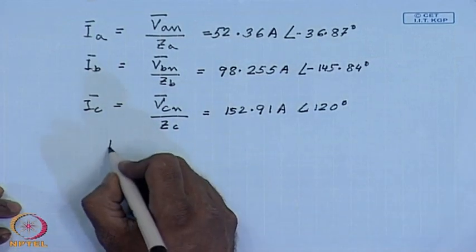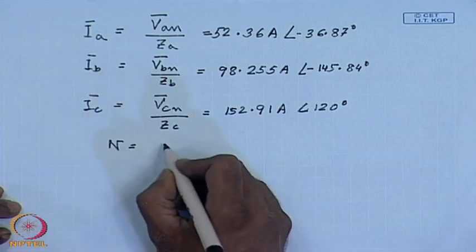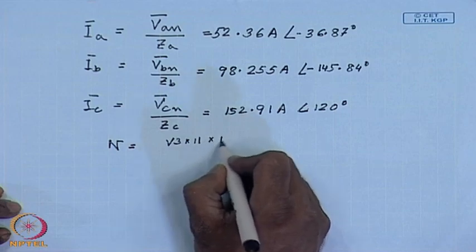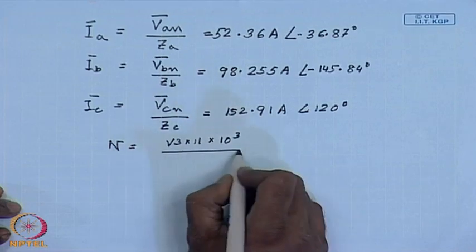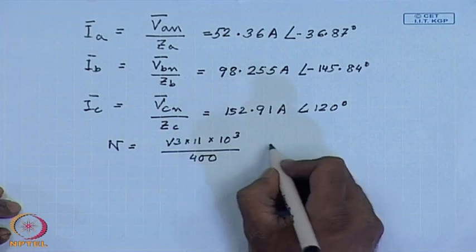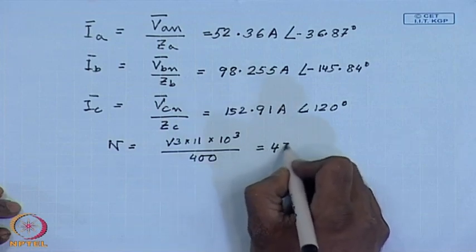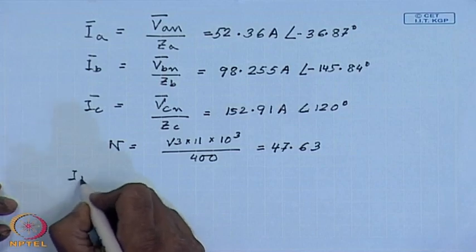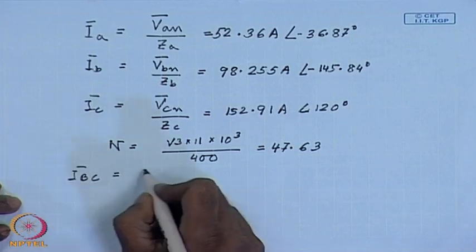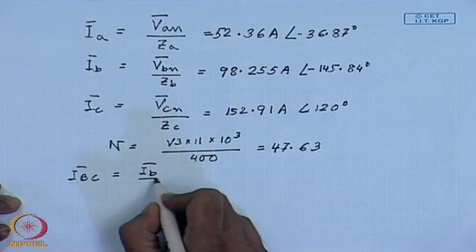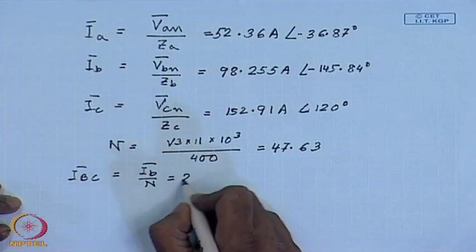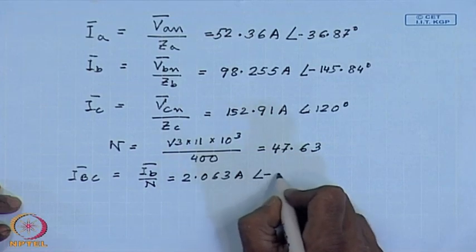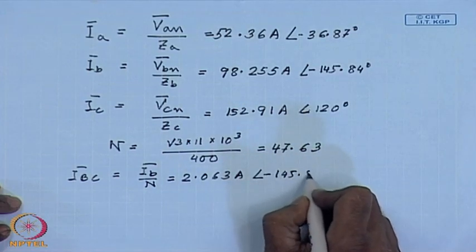The transformer turns ratio now equal to root 3 into 11 into 10 to the power 3 divided by 400 equal to 47.63. Therefore, IBC equal to IB by N equal to 2.063 amperes angle minus 145.84 degrees.